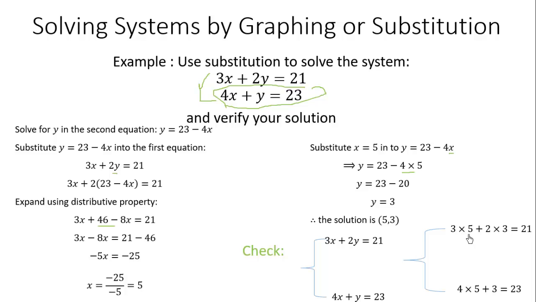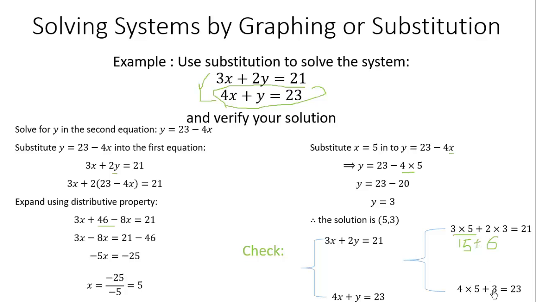So we do that substitution to obtain 3 times 5 plus 2 times 3. And we know 3 times 5 will give you 15, and 2 times 3 will give us 6. Now 15 plus 6 will be equal to 21. Hence, the first equation is satisfied.